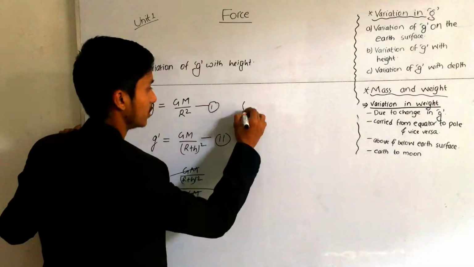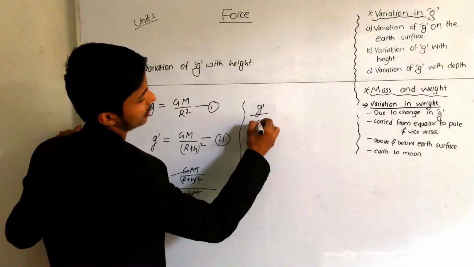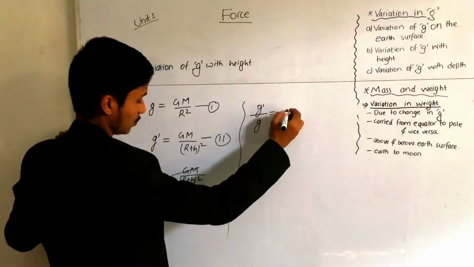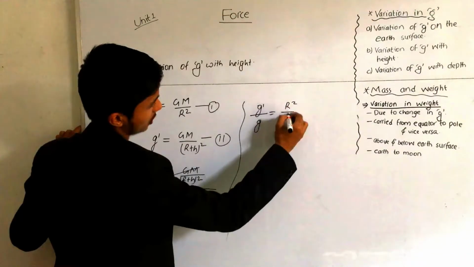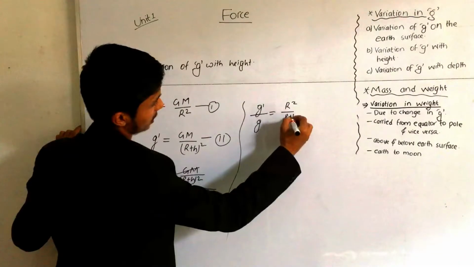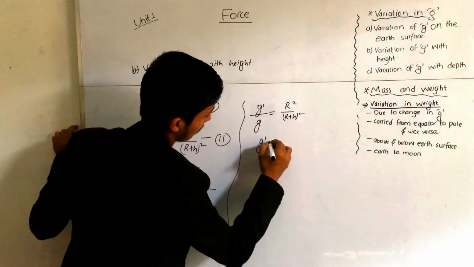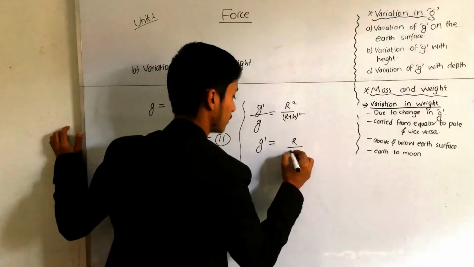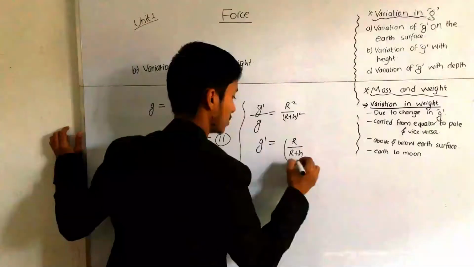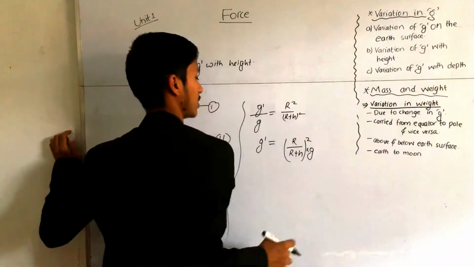Then g' by g is equal to R square by R plus H whole square. It means g', the value of acceleration due to gravity at a certain height, will be R by R plus H whole square into g, the acceleration due to gravity.